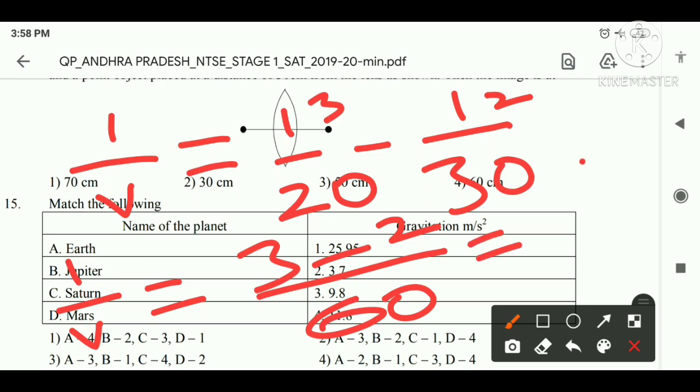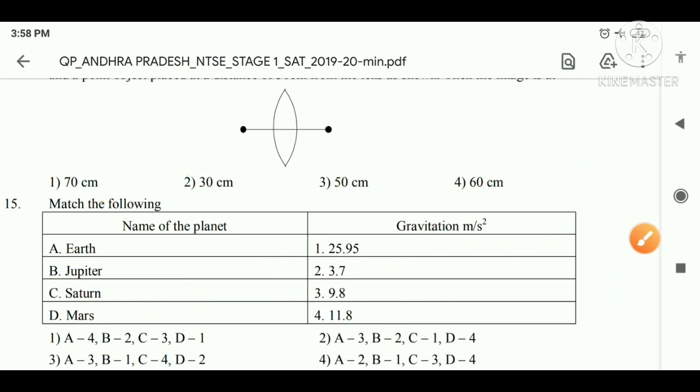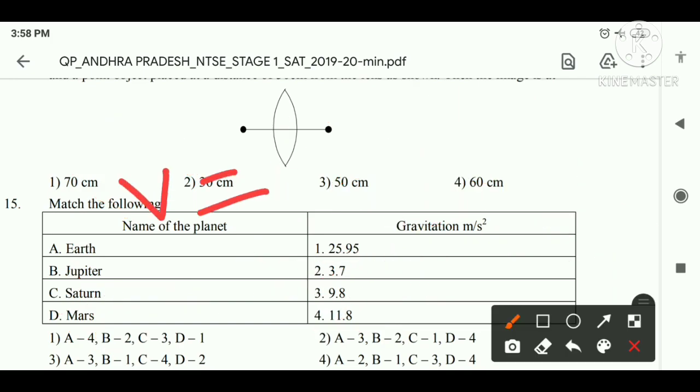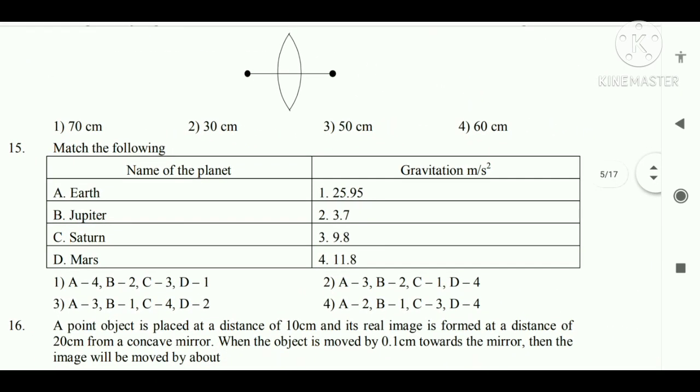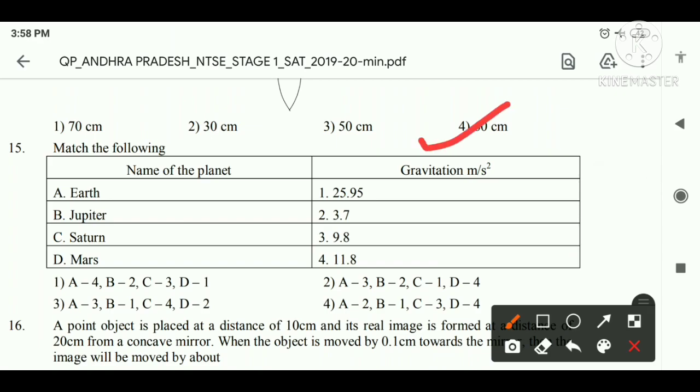So 3 minus 2 is 1, over 60. Now take the reciprocal: v is equal to 60 centimeter. So option 4 is the right answer.